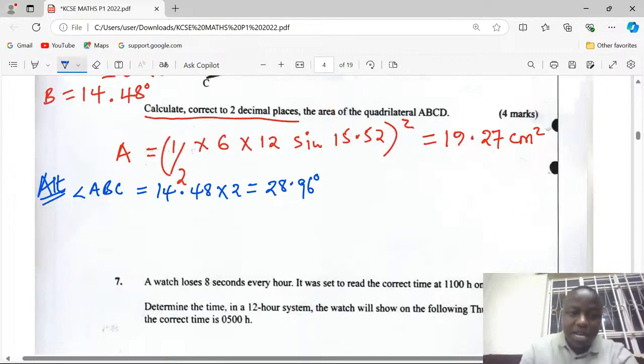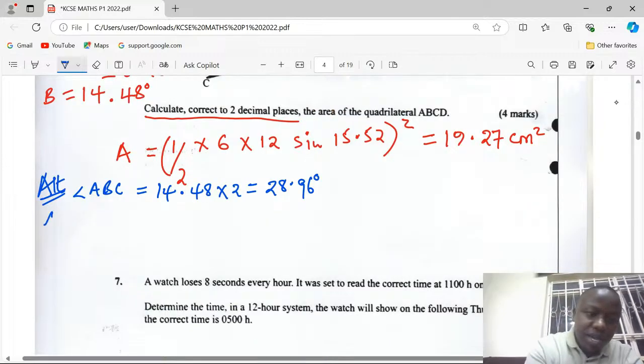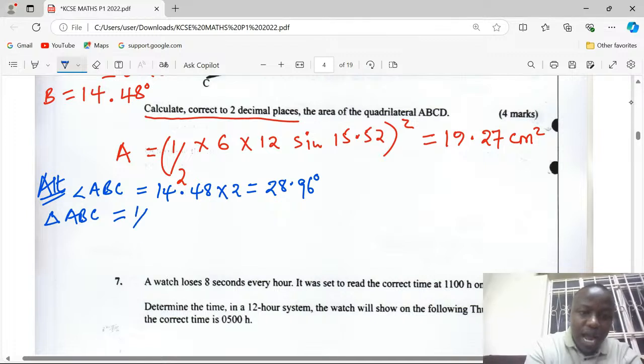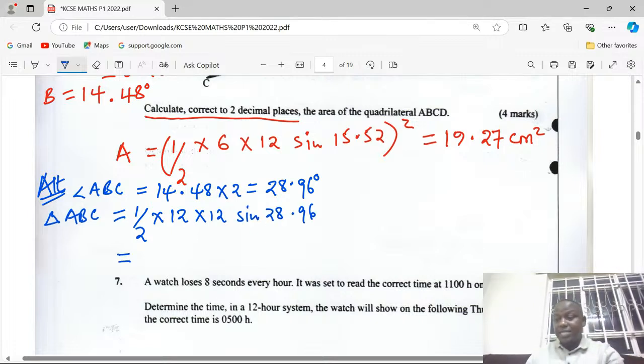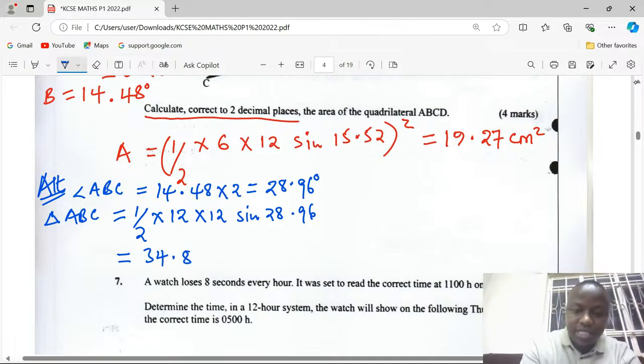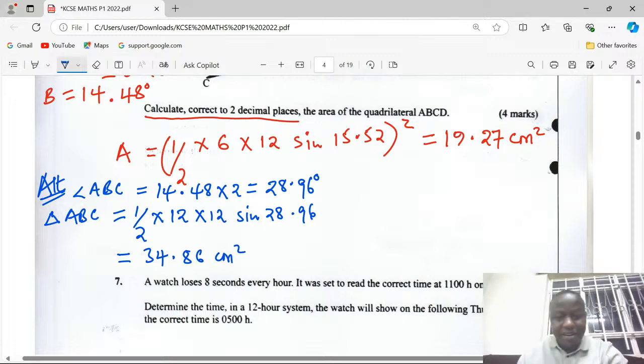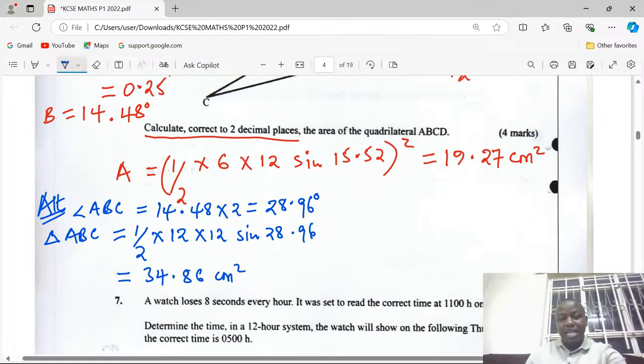So the area of triangle ABC, we need half AB, the sine of 28.96. This is going to give us area equivalent to 34.86 square centimeters.